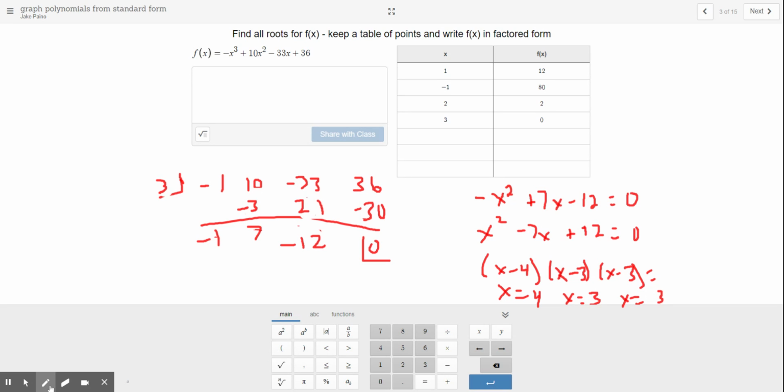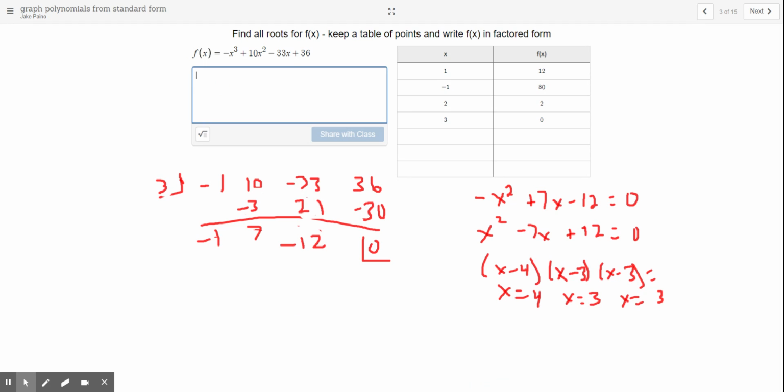All right, so as I come in here to type out my roots, x equals 4 and x equals 3 with a multiplicity of 2. So those are all 3 of my zeros right there.